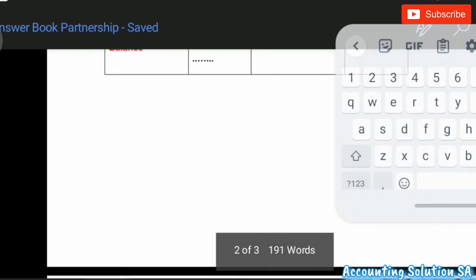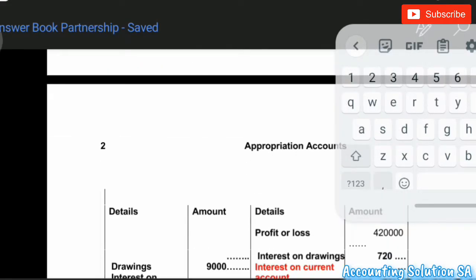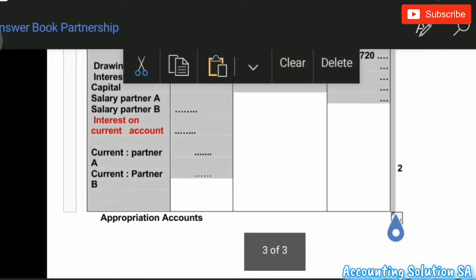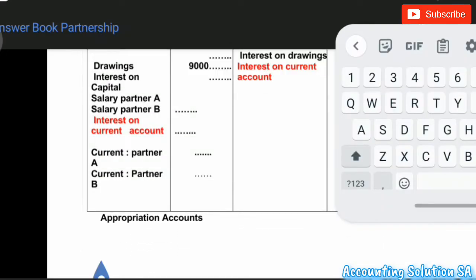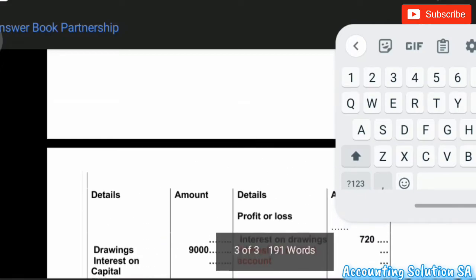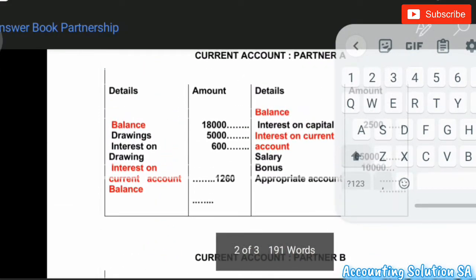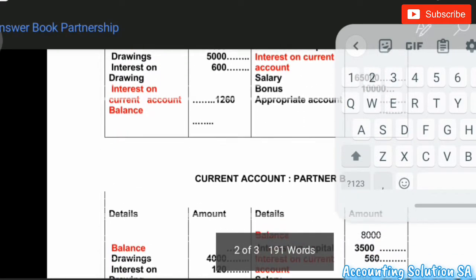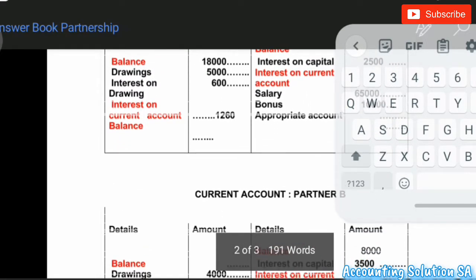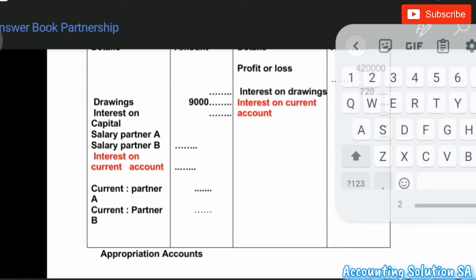We have to get the amount of interest on capital for both partners. The other partner 10,500, the other one 2,500, which means that is going to give us 6,000. Interest on capital, when we add for both partners, is going to give us 6,000.